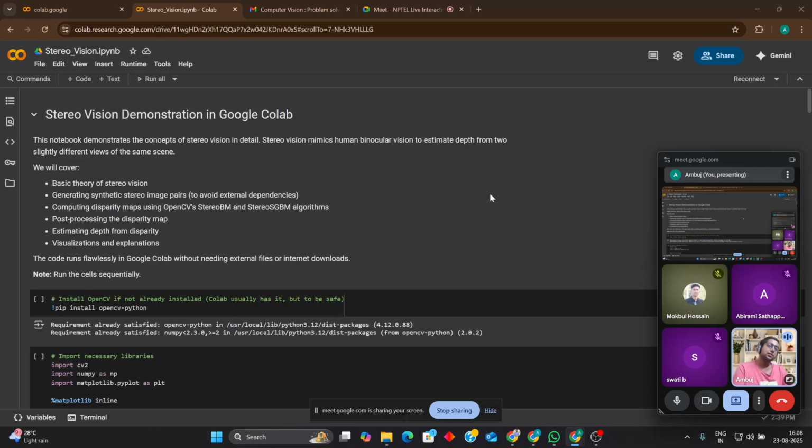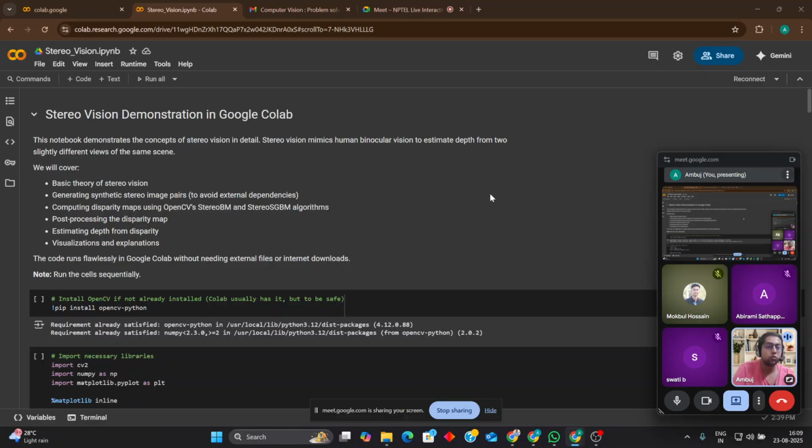Another facility is that you can use any of the online platforms which provide you the hardware, meaning CPU as well as GPU. Both facilities are available in your Google Colab environment. This is free for approximately 2 to 3 hours of usage.